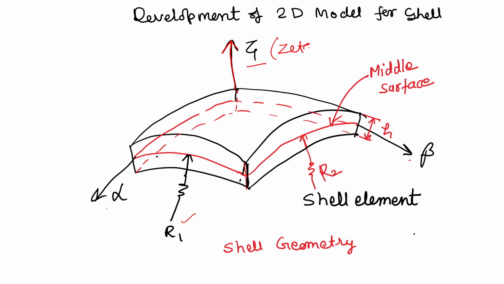This we call beta, and this is alpha, and the total thickness is h, from the middle surface this may be minus h by 2 to plus h by 2. This is a doubly curved shell element. So, we have taken a small element, and first we will develop the basic equations like Lame parameters or distortion parameters, and then we use them for developing the strain displacement relations.